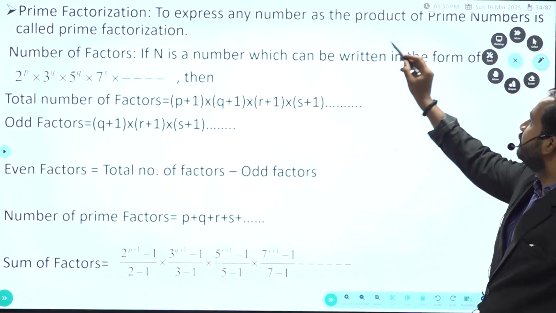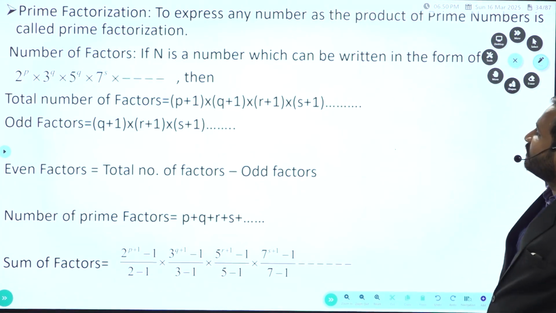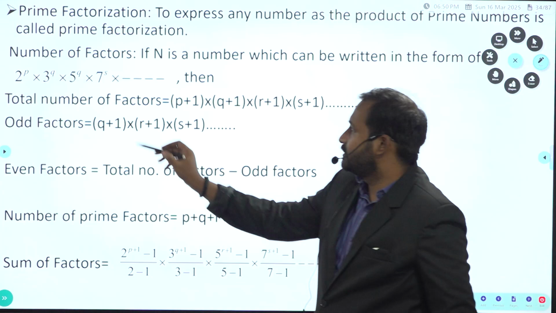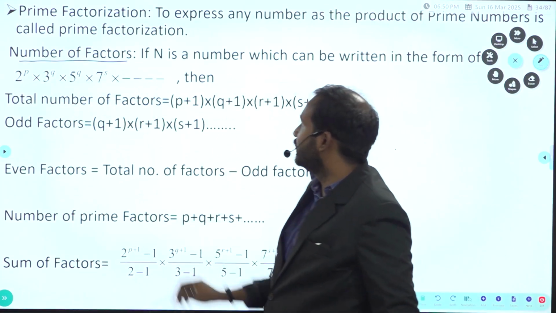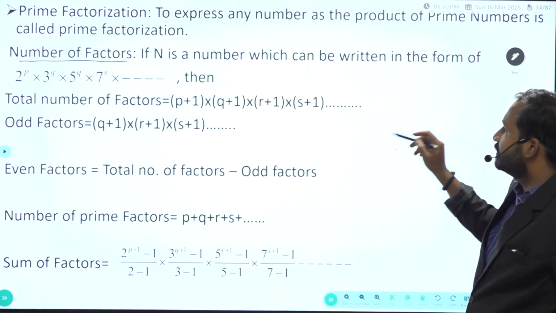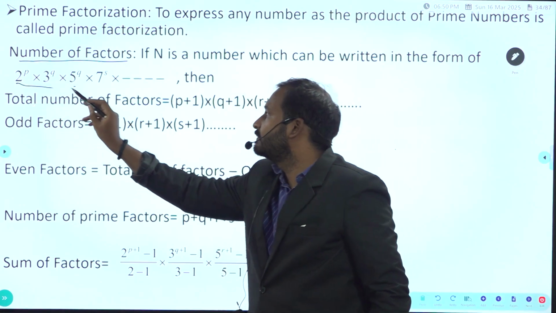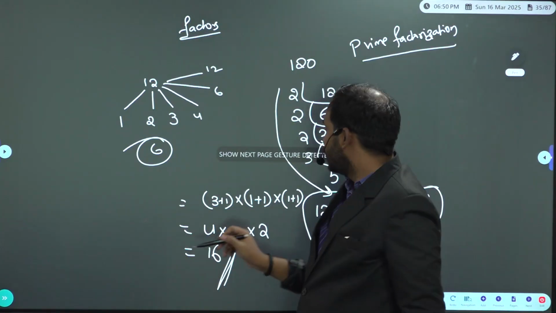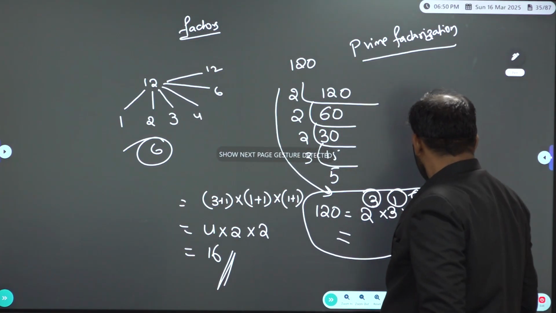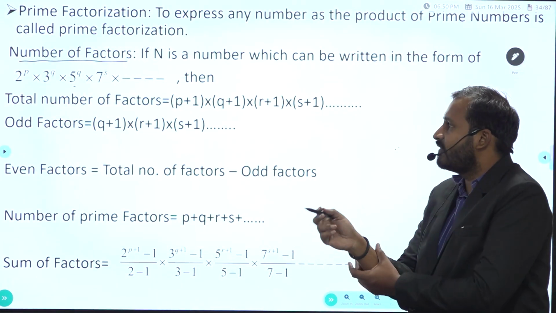To express any number as a product of prime numbers is called prime factorization. So number of factors we will tell based on this. Number of factors, if n is a number which can be written in the form of 2 power p into 3 power q into, these are prime numbers, right? That means we are expressing n in the form of prime numbers.